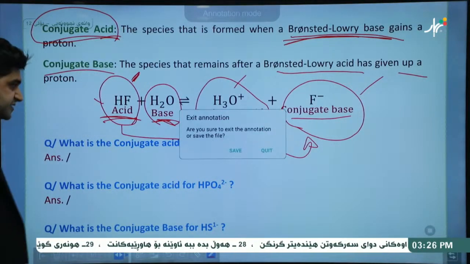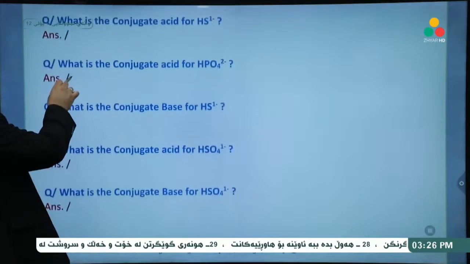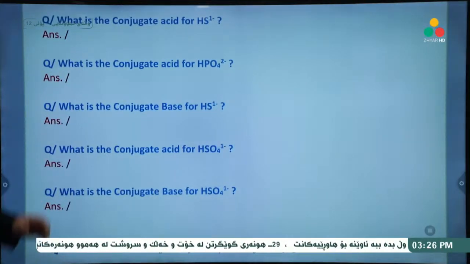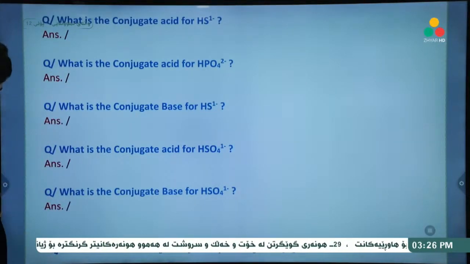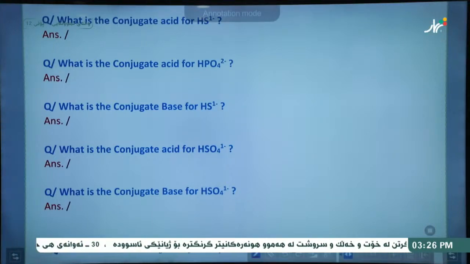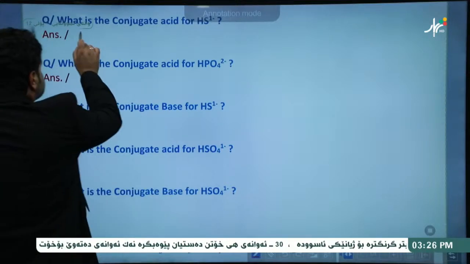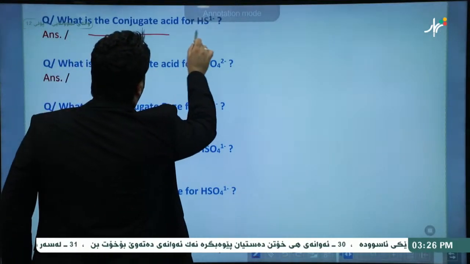Now we have some important questions. Take these examples seriously. Look, how we can answer some questions about a conjugate acid and a conjugate base. Okay. What is the conjugate acid for HS-?